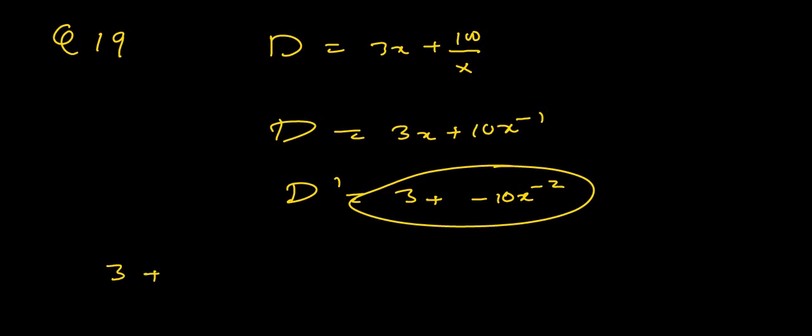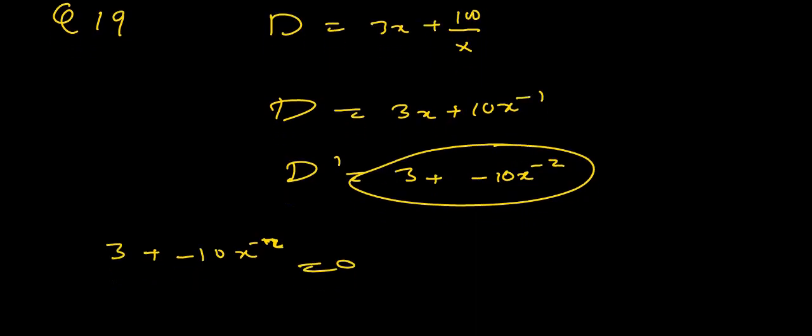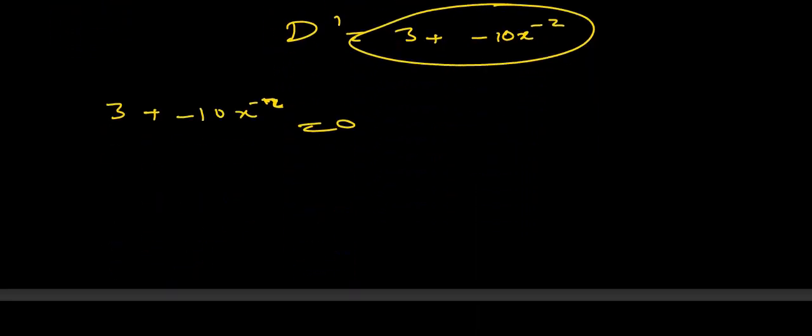3 minus 10 x to the power negative 2 is equal to 0, because we only have 1 point here. The negatives can cancel. We take the 3 on the other side. This is just going to be x to the power negative 2 is equal to 3 over 10.